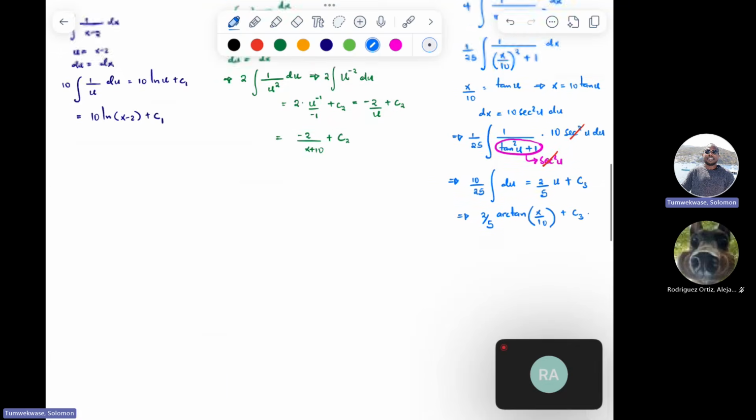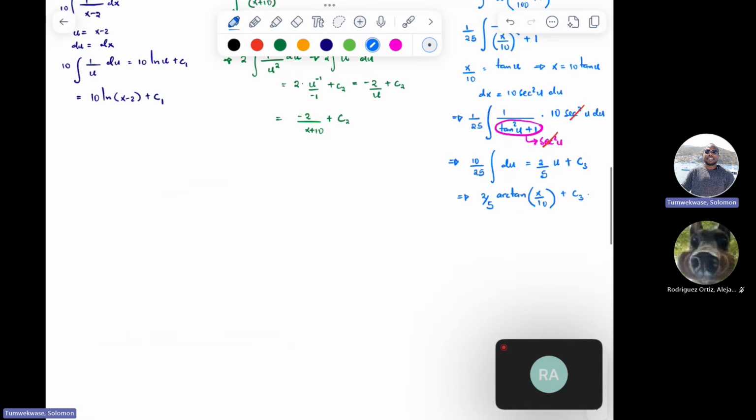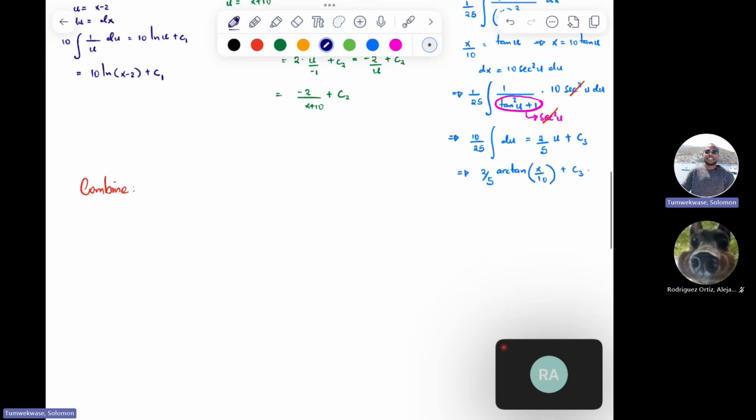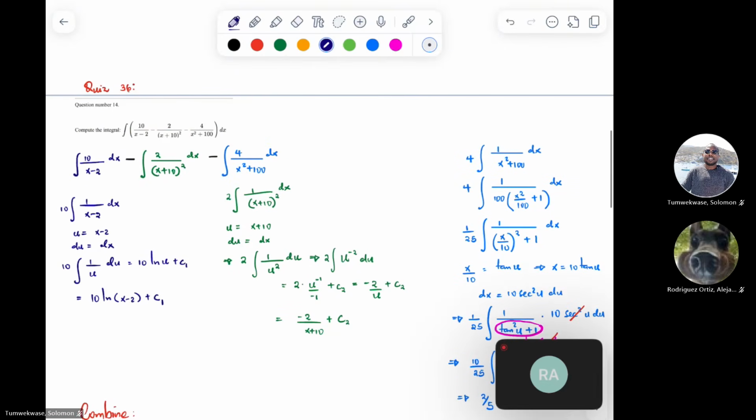And finally, I want to say that now we combine them. So if we combine these integrals, my final answer would be 10 natural log of x minus 2 plus C1, of course, then minus. Now, if you're very, very careful, this is a minus 2, but there is a minus in the question, right?